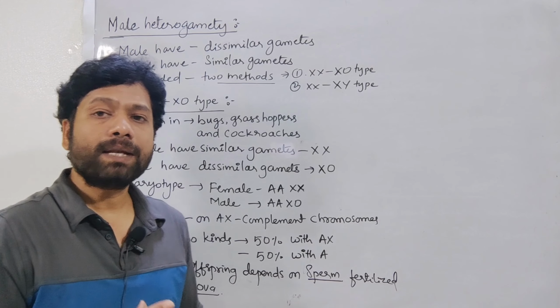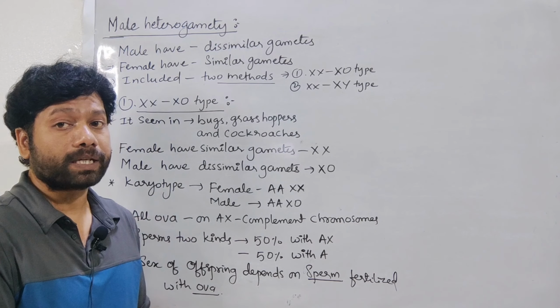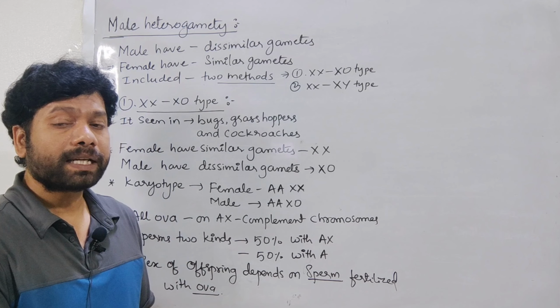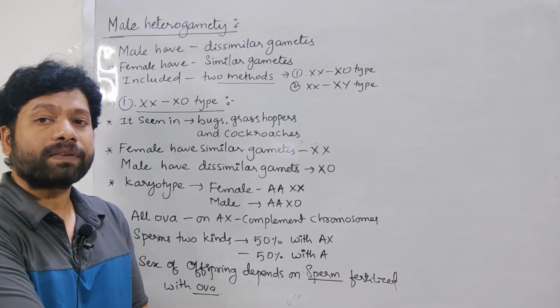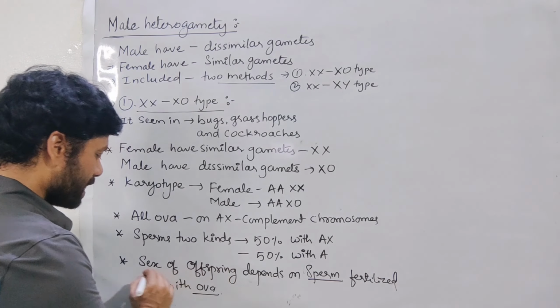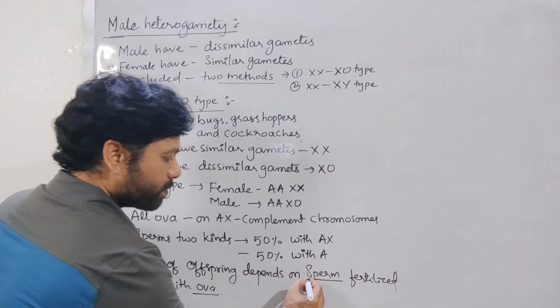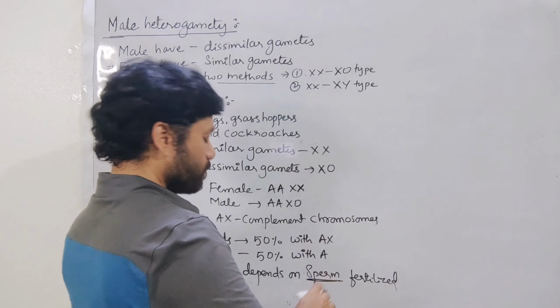The similar gametes are not involved in sex determination, and only the dissimilar gametes can be involved in sex determination. That is the major fact here. Which one is the dissimilar? The sperms. So the sex of the offspring depends on the type of sperm that fertilizes the ova.